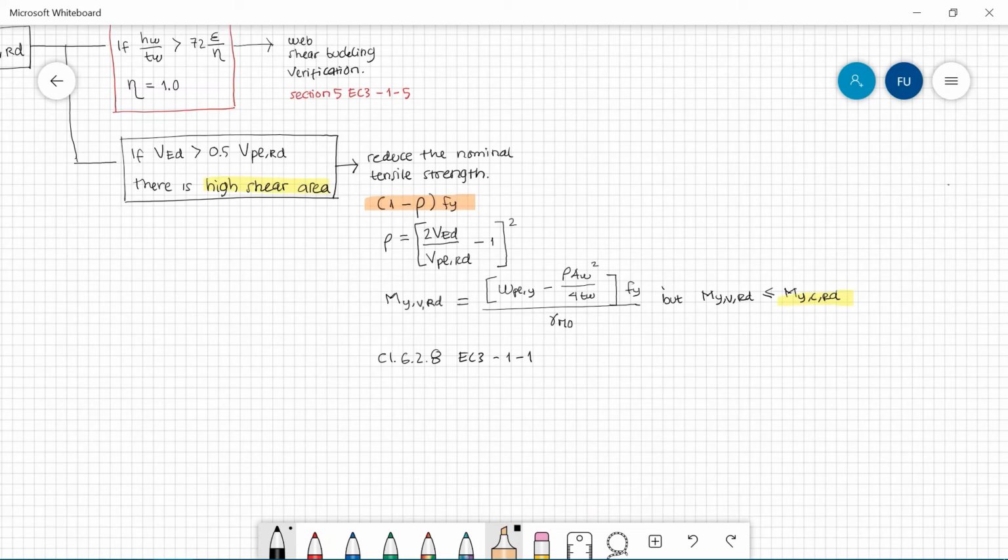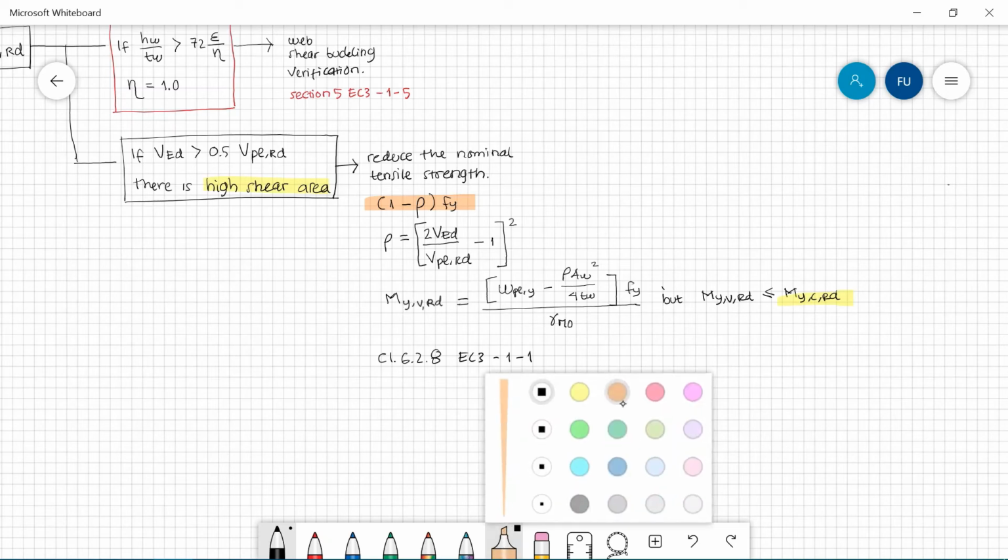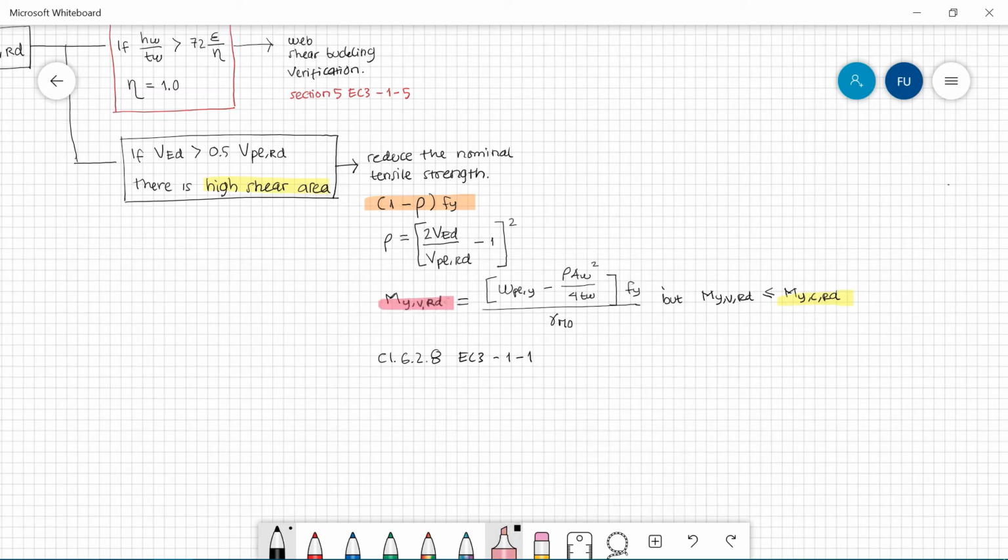The Fy, the nominal tensile strength, is reduced using this expression, or else we calculate using this MyVRD. The value of AW is HW times TW directly.